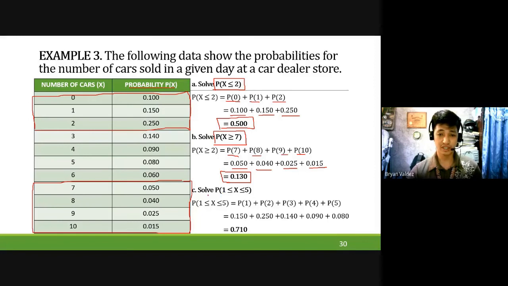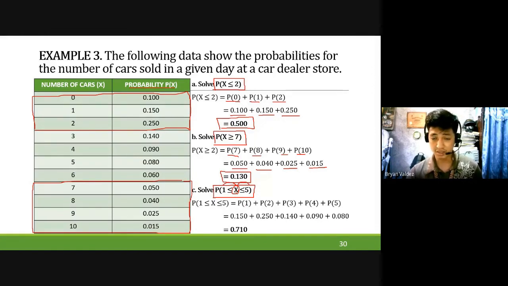And then for the last given, solve for P of X where X is greater than or equal to 1 but less than or equal to 5. Okay, so paano natin ito interpret? Mag-start tayo sa middle, no, class? Middle. And then, i-compare natin siya sa 1. And then, i-compare natin siya sa 5.